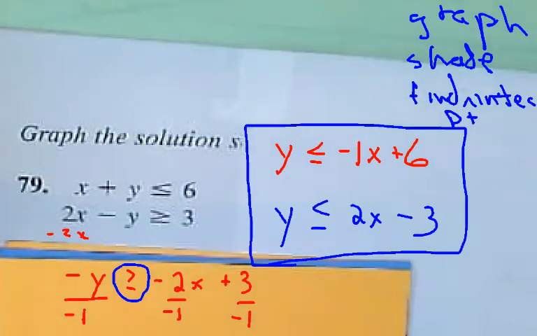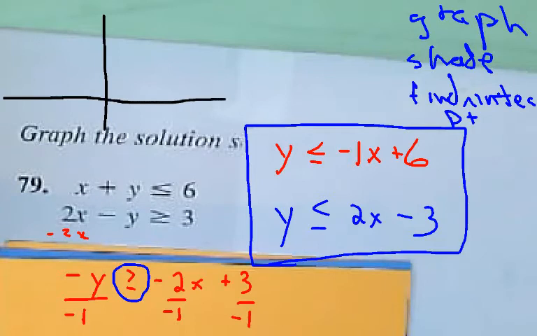So, we'll make an axis like this, and another axis like this, and mark the numbers 1, 2, 3, 4, 5, 6, 7, 8. All right, here we go.